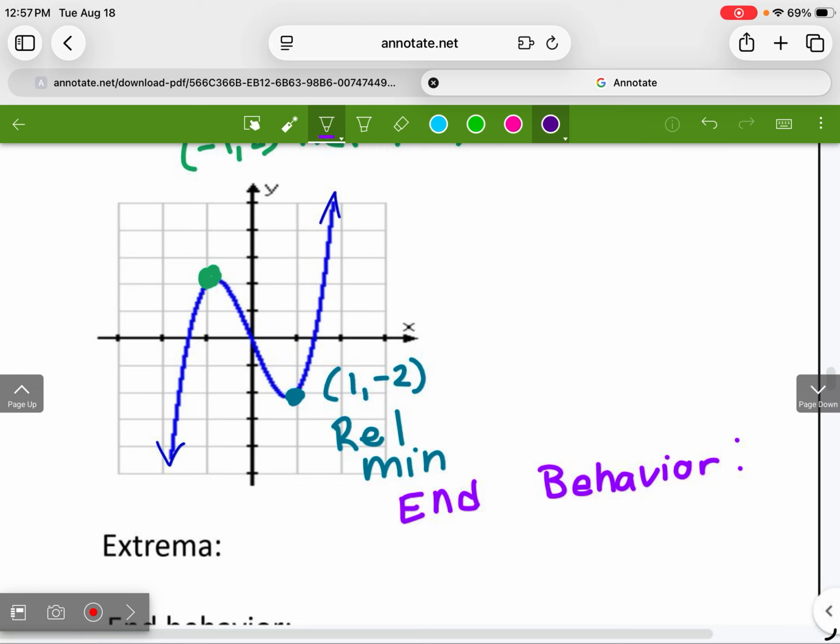So we want to talk about our right arrow and our left arrow. I want to know what happens as x goes to infinity, as x gets really, really big. What happens to y as x goes positive, as x goes to the right?